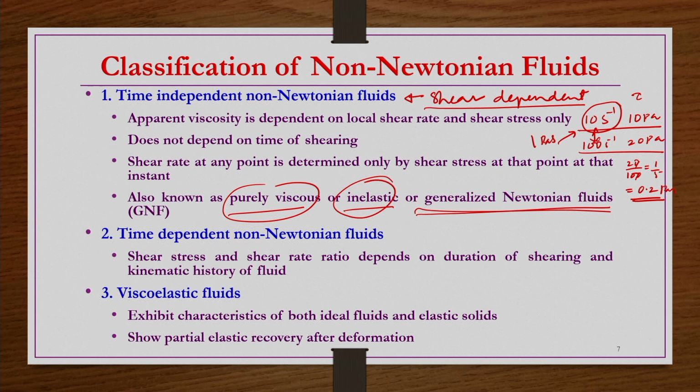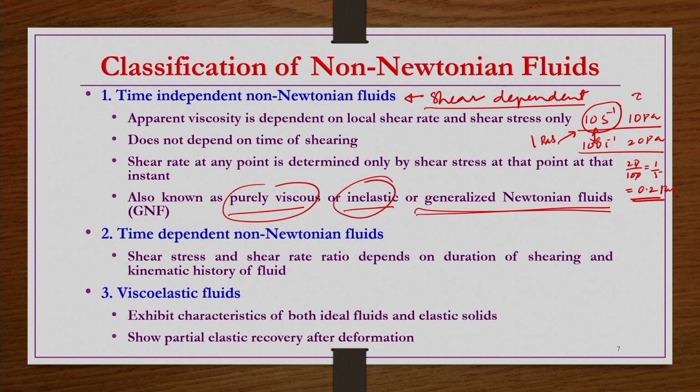These non-Newtonian fluids may have such a kind of memory to recover, so partial elastic recovery is possible. So, these are known as viscoelastic fluids. Rather, we can call them viscoelastic materials, because under certain conditions they are almost like solids or semi-solids.